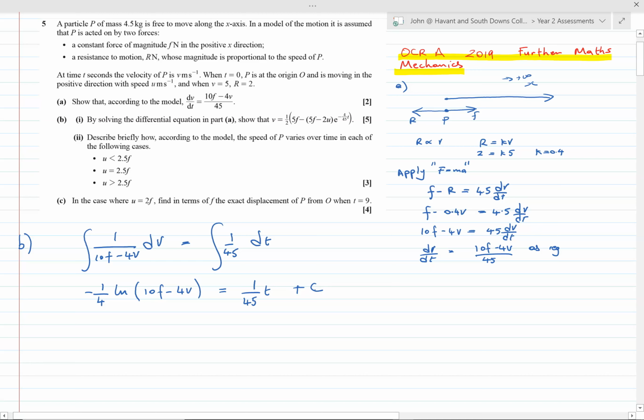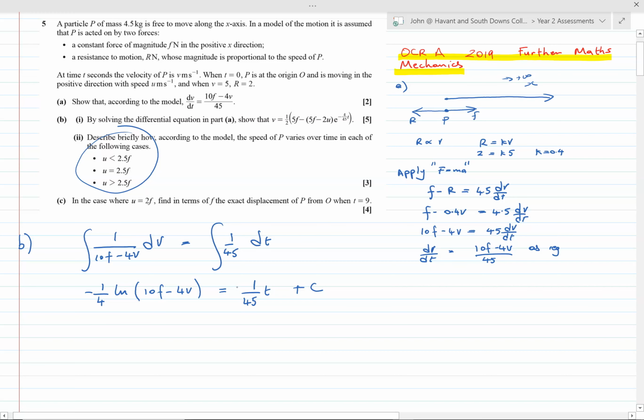Before I move on, you might be thinking, shouldn't I put a modulus sign here? Probably, strictly speaking, we should, because we don't know whether 4V is greater than 10F or not, and that will affect whether this is positive or not.